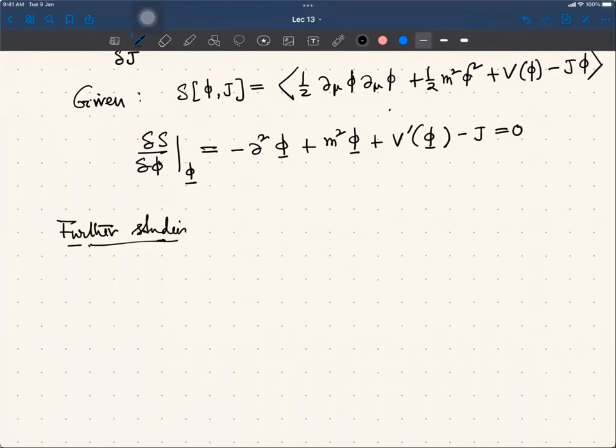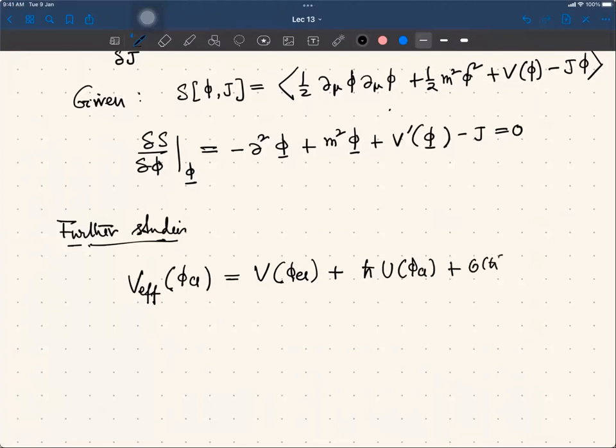So it is possible to calculate all the terms of the effective action when we consider the effective potential, which can be calculated by calculating the effective action for a constant field configuration, which is given by V(phi_cl) plus h bar U(phi_cl) plus order h bar squared.